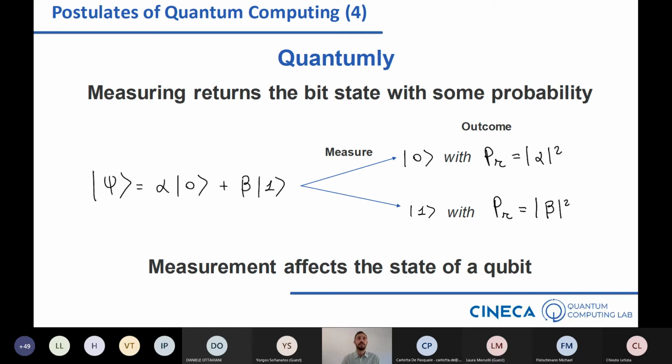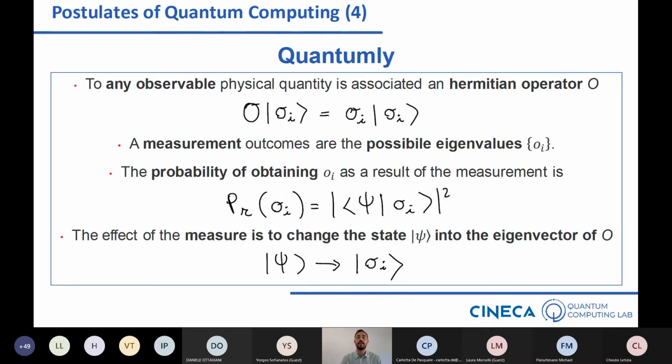Here instead it's something completely different. It's a quantum superposition, a quantum system that is in a linear combination of classical states. So it's not a statistical mixture.